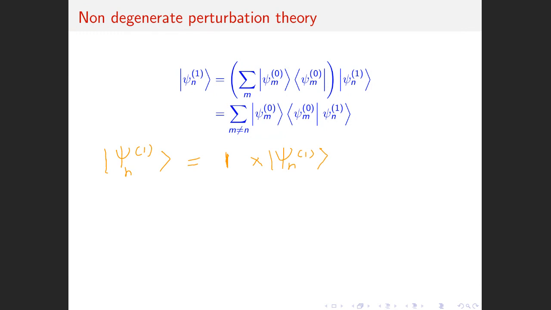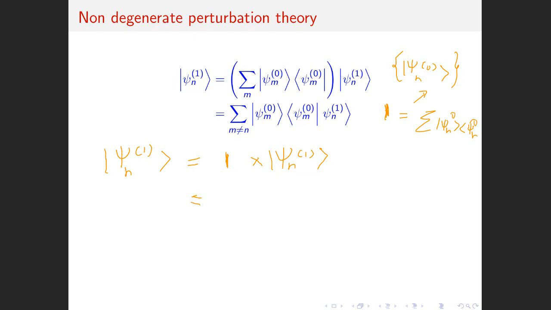The original eigenfunctions were not only orthonormal, but they are also complete, meaning that 1 is given by the sum over m of |psi_m^0⟩⟨psi_m^0|. So you just plug it there.